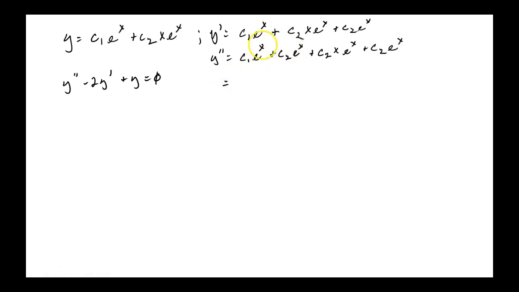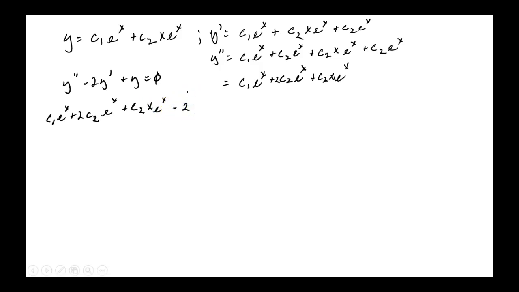Now these you can combine like terms. So you have C1 e to the x plus 2 C2 e to the x plus C2 x e to the x, okay? That's what your y double prime is. So that's what we plug into y double prime. C1 e to the x plus 2 C2 e to the x plus C2 x e to the x minus twice y prime.